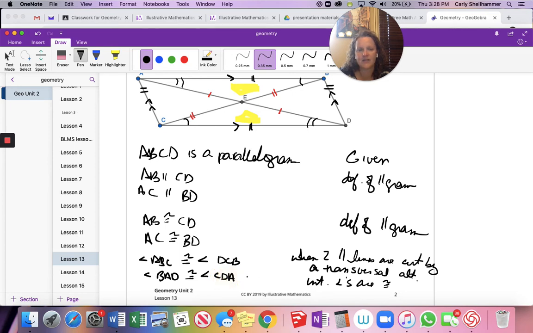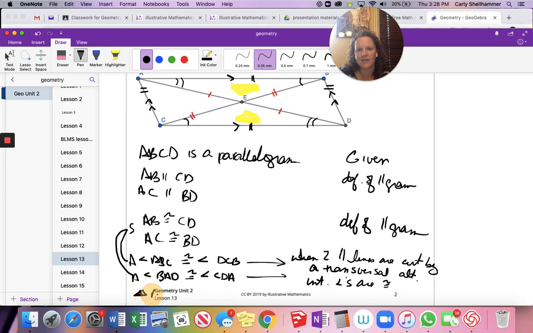And it's actually for the same reason. Right? Now I have angle, side, angle. Okay, angle, side, angle. So I can say those two triangles are congruent.